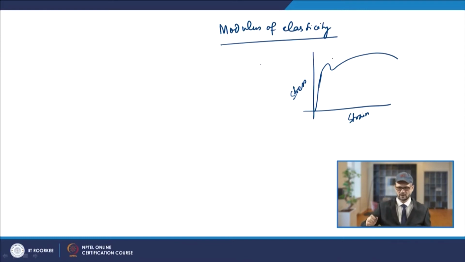So, the modulus of elasticity of the ductile material will be defined in this region. It will be the ratio of the stress to strain for this region, so that will be a constant value.